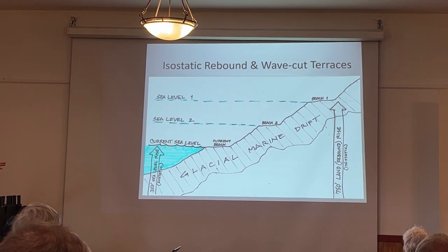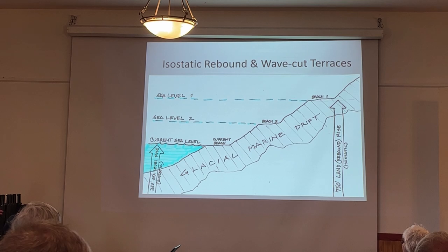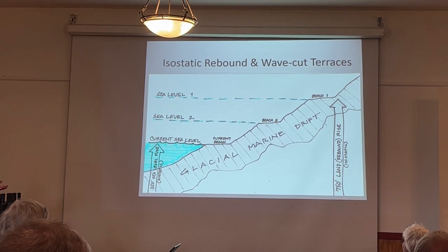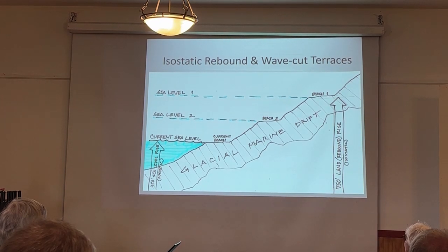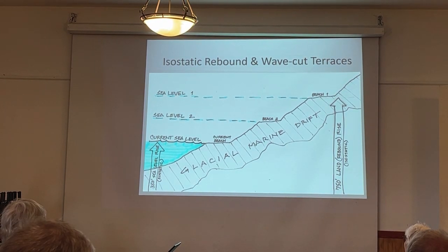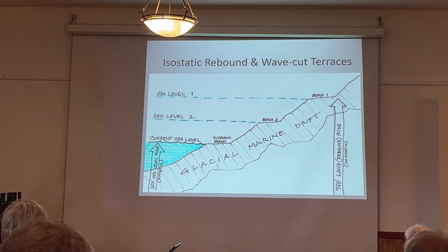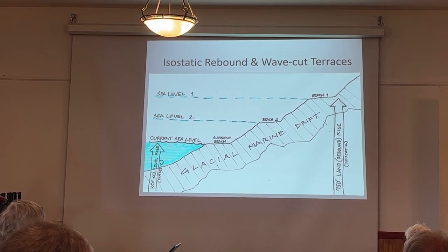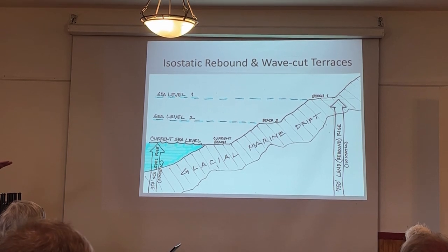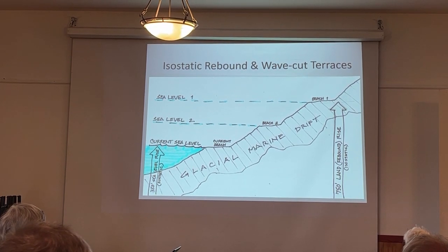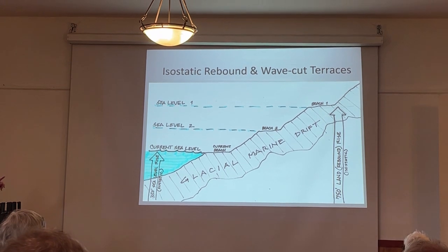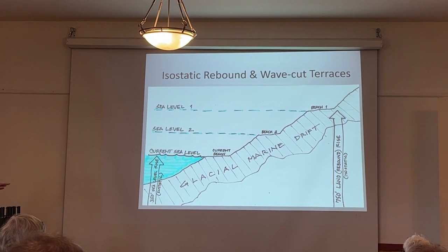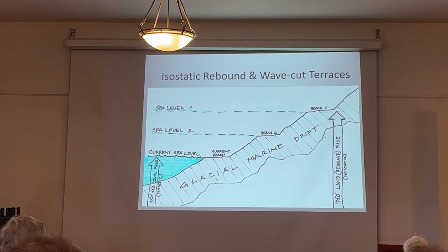Well, after a time, there was an uplift of this area. And it was probably a pretty dramatic uplift because, like a fault, like I said, you get your strain, and it can't take it anymore, and then it comes. And so the whole landmass comes up, and beach 2 is made, and the current beach in this scenario is made also.